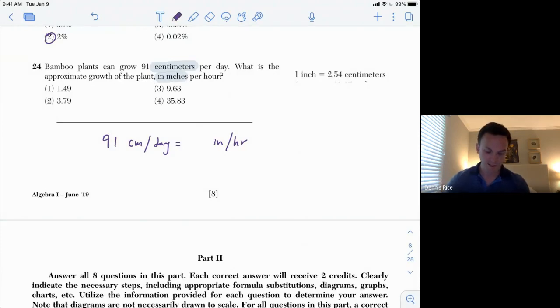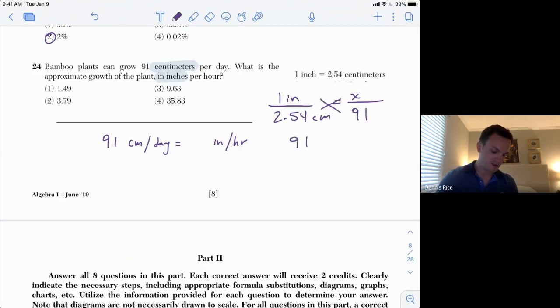All right, so first things first, let's convert 91 centimeters into whatever that is in inches. We could set up a proportion. So we could say 1 inch is to 2.54 as some amount of inches is to 91. You can cross multiply. This is basically going to turn into 91 divided by 2.54. Grab my calc for that.